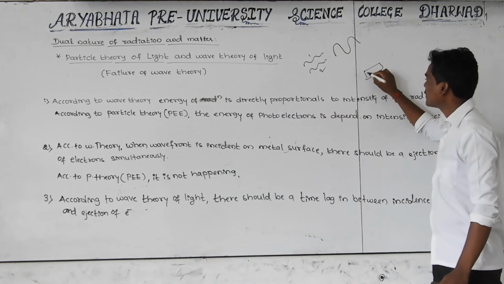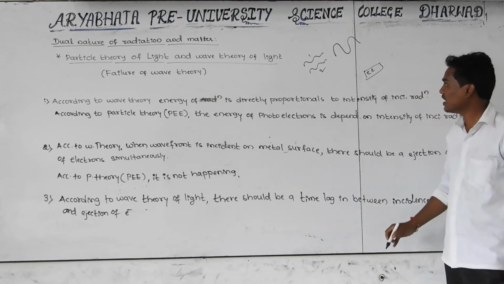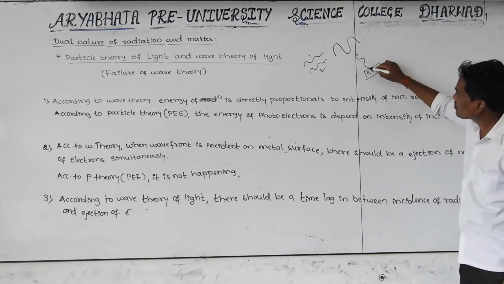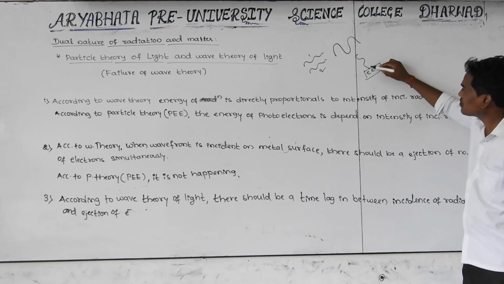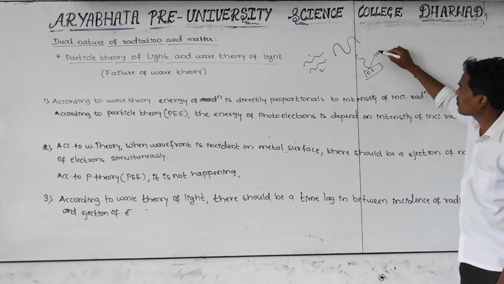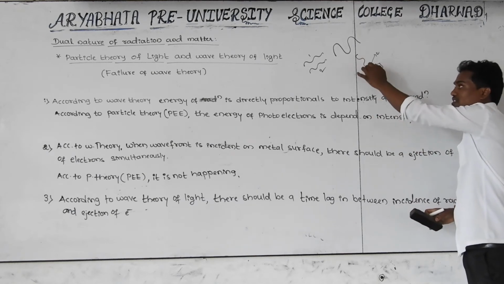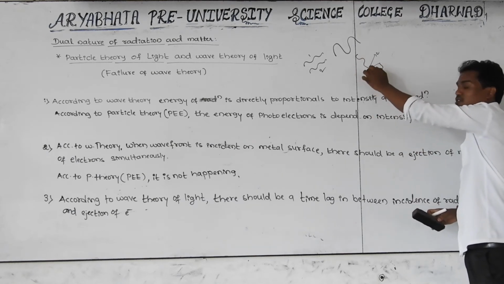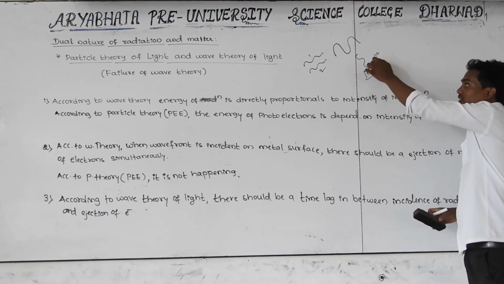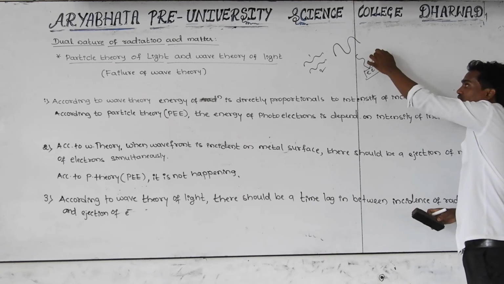The wave theory explains that this is the metal, these are the electrons. The light is incident on the metal surface, and the electron is emitted from the metal surface. First, light has to be incident. After that its energy is transferred to the electron. By receiving that photon energy, the electron is emitted from the metal surface.